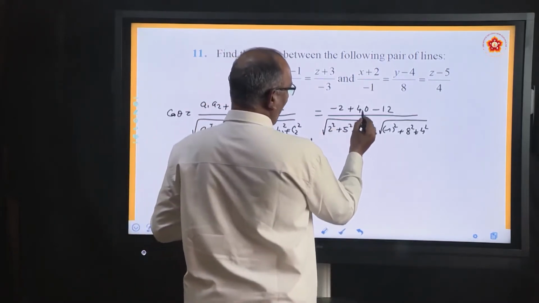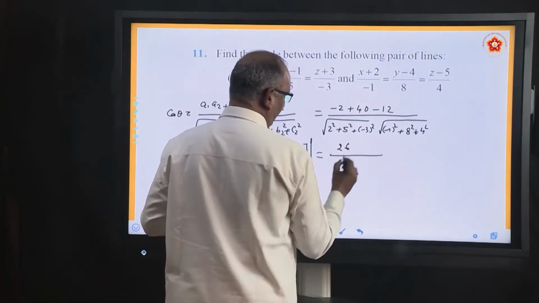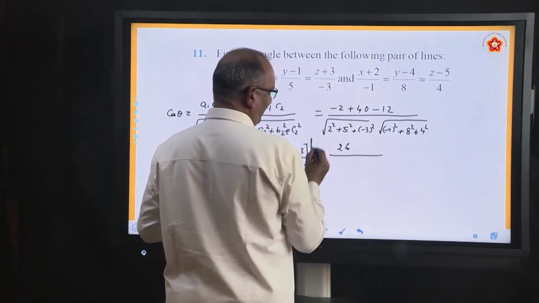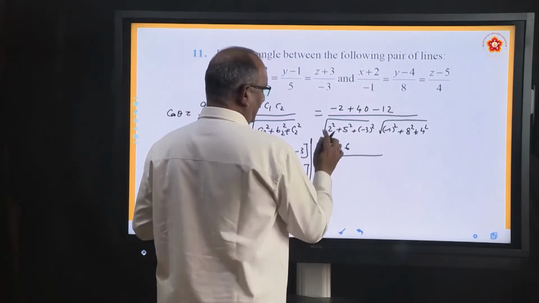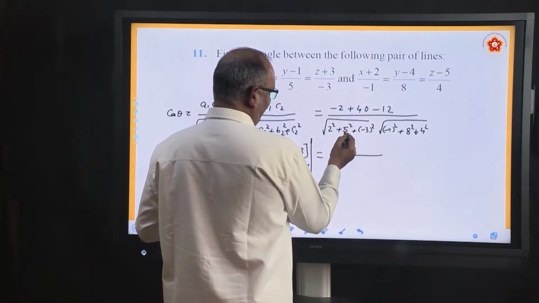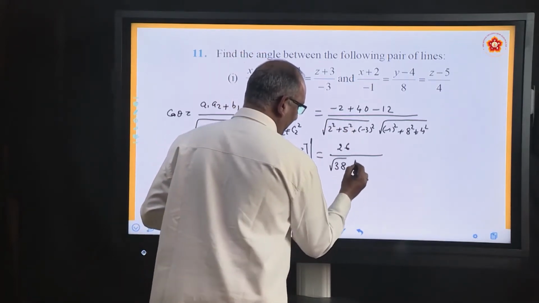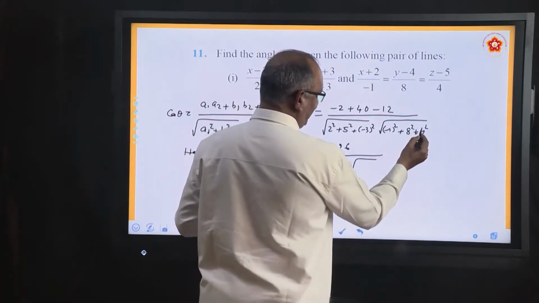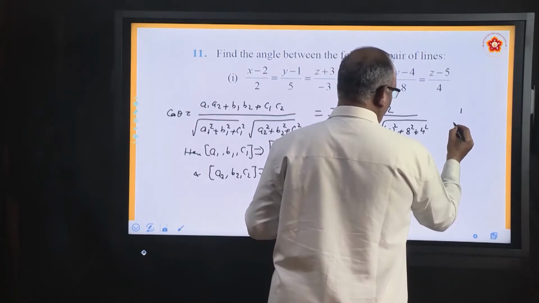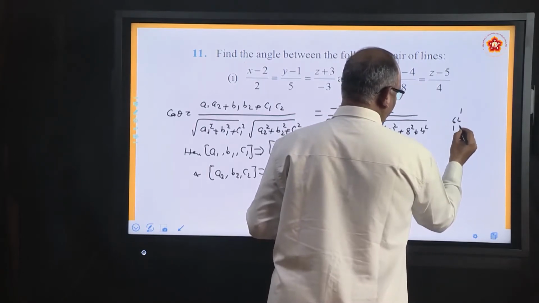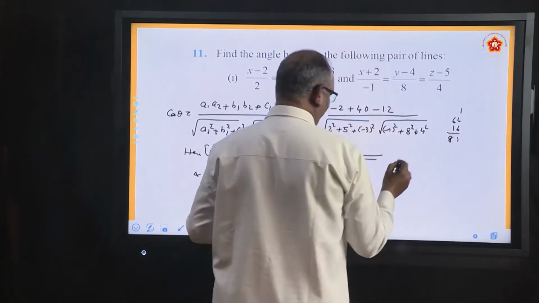Simplify. 40 minus 14 is 26 upon, this is 4 plus 25, 29, 29 plus 9, 38. Whereas here 16 plus 64 plus 1, 81.